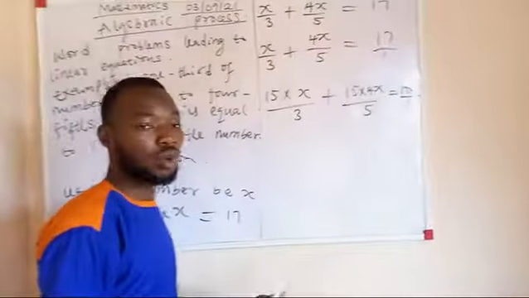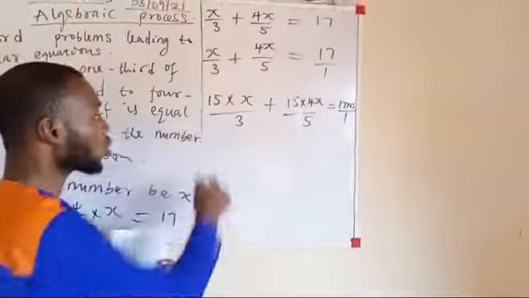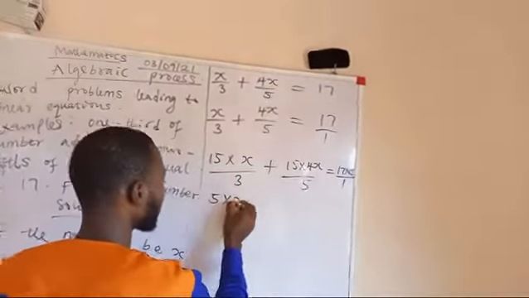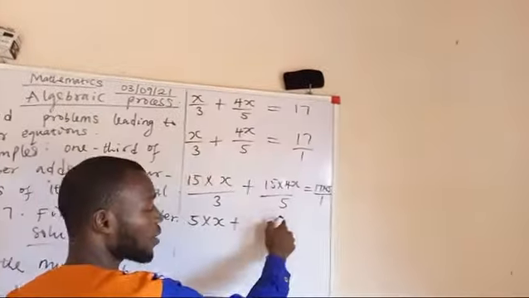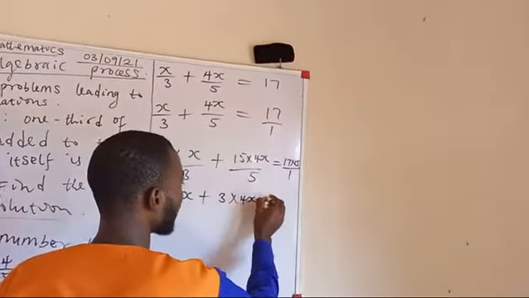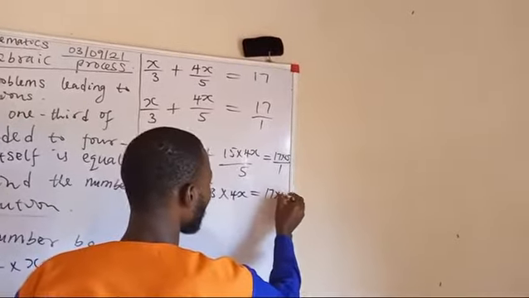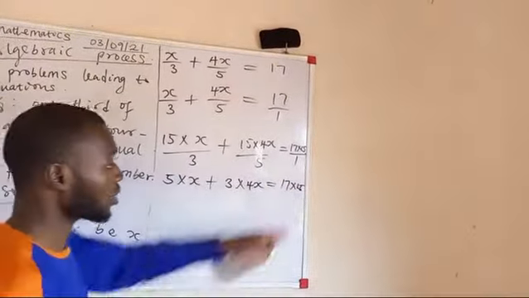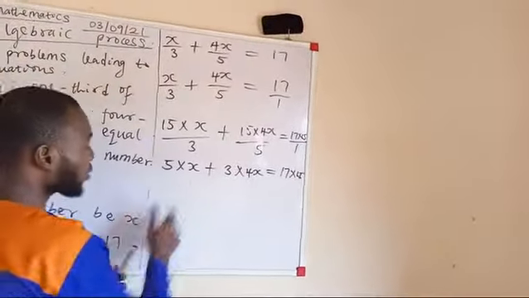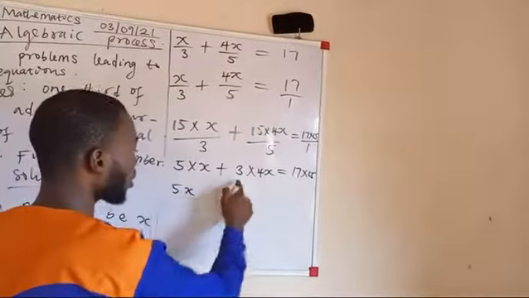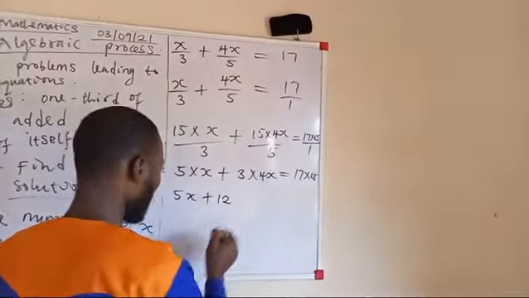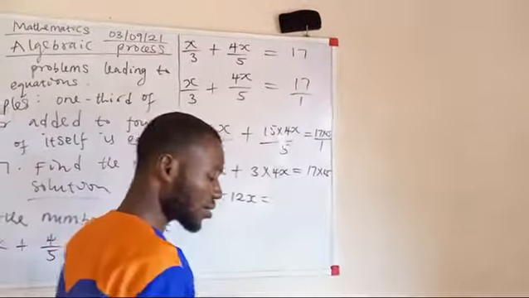At this point, we'll be using the denominators to divide. 15 divided by 3 gives us 5, so it will now be 5 times x, plus 15 divided by 5 gives us 3, so 3 times 4x, equals 17 times 15. 1 divided by 15 gives us 15, so 15 times 17. At this point, 5 times x gives us 5x, and 3 times 4x gives us plus 12x, equals 17 times 15.